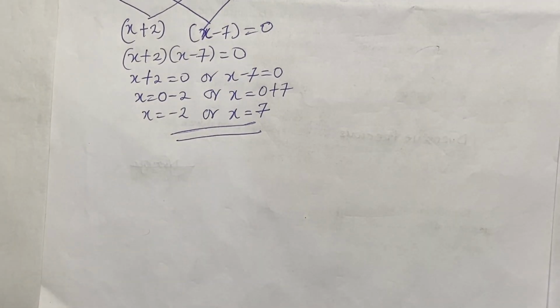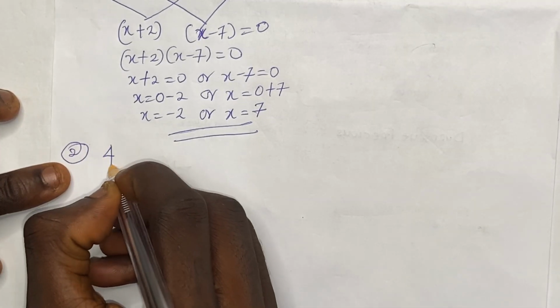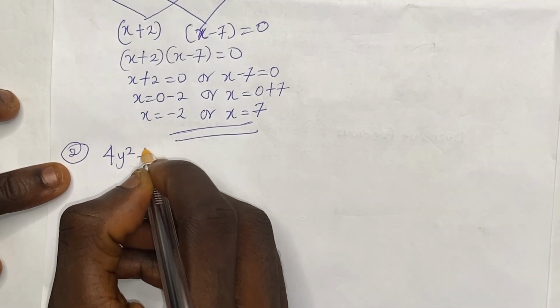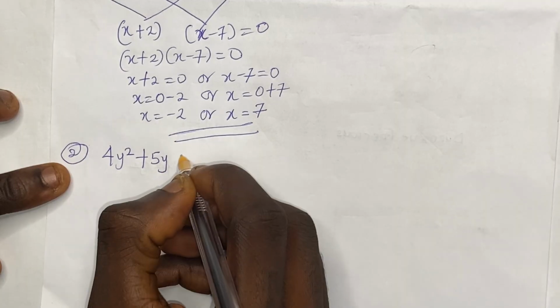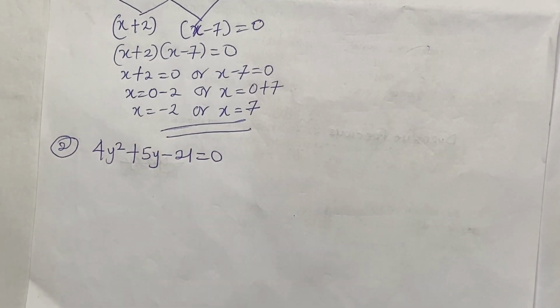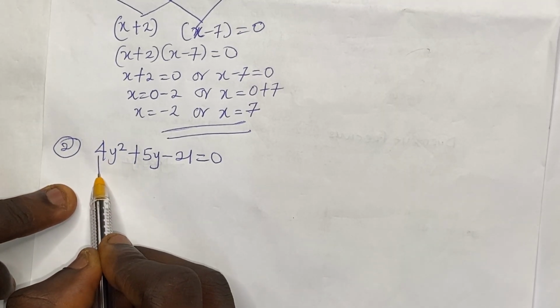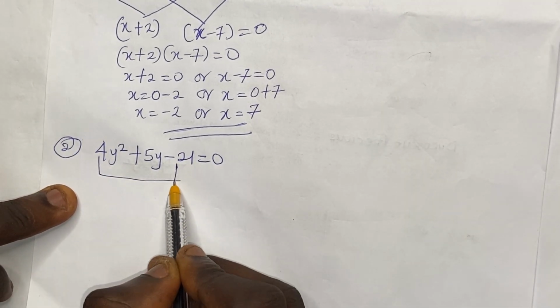All right, the second example says that if I have 4y squared plus 5y minus 21 equals 0, find the value of y. How will you get the value of y? To get the value of y, the same thing now. So the first thing you look at is you multiply this 4 and minus 21 together.